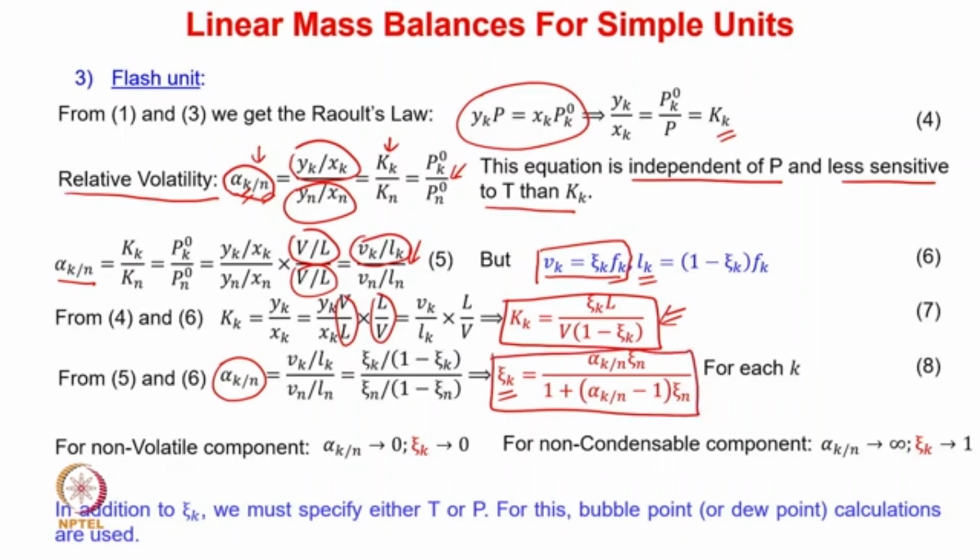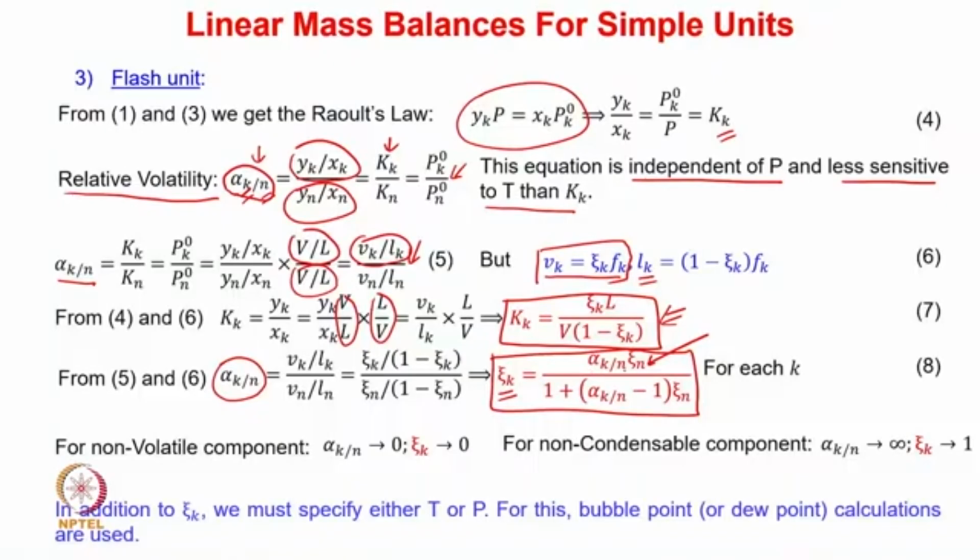This particular equation is very important primarily because this enables calculating the split fraction for the remaining components if you know the split fraction for the key component. So if you know the split fraction for the key component, we can calculate the split fraction for any component which is present in the mixture, provided that we know the corresponding relative volatilities.